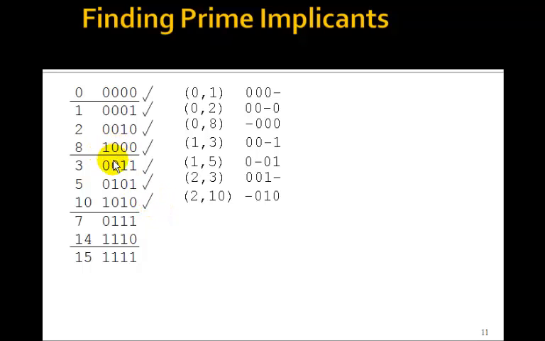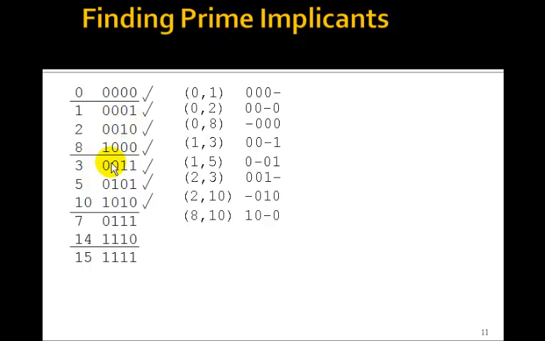Okay, how about 8 and 3? Nope, everything's changing there. How about 8 and 5? Nope, lots of things change there. How about 8 and 10? 1, 0, dash, 0. 8 and 10, 1, 0, dash, 0.